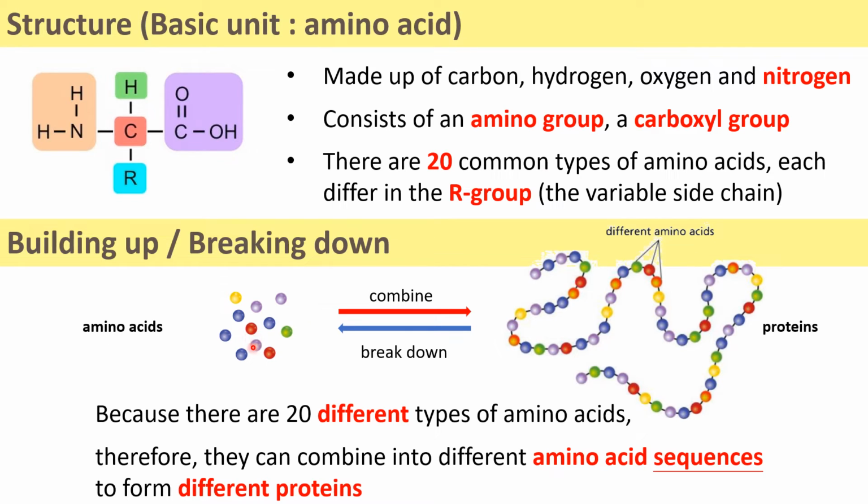It can be red, blue, yellow, green, red, blue, yellow, green, or it can be blue, red, green, green, or it can be any order when the body joins them up. This means that with the 20 different amino acids available, our body can combine them into different amino acid sequences.